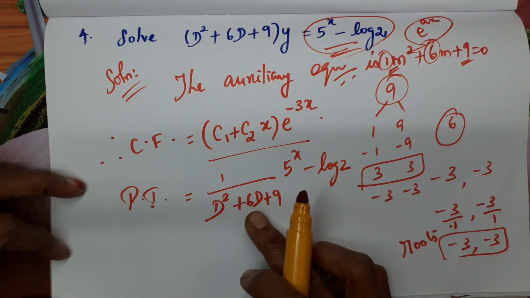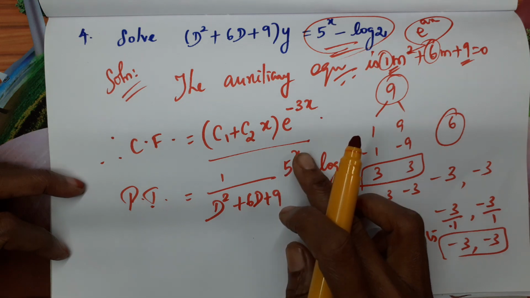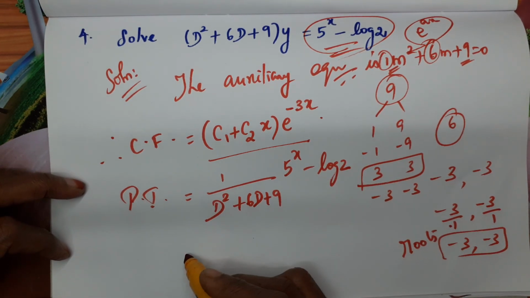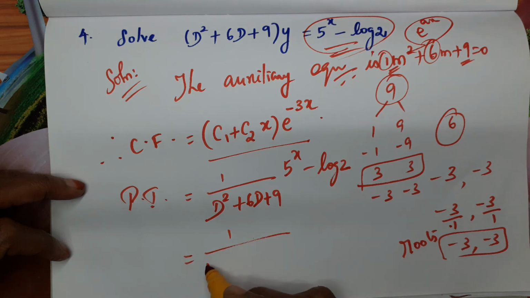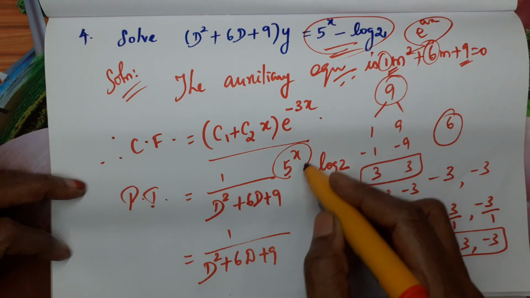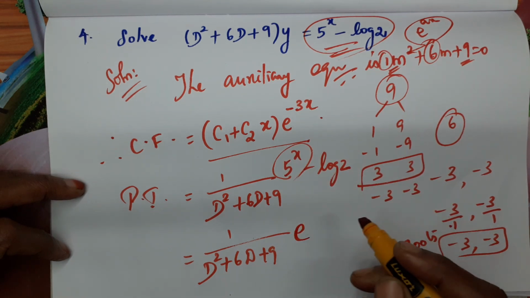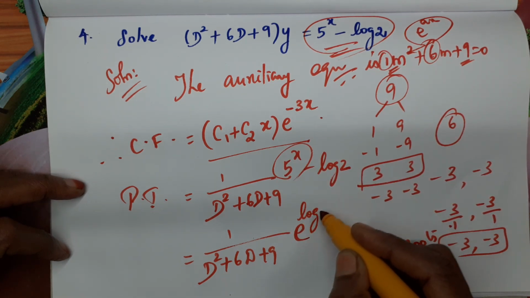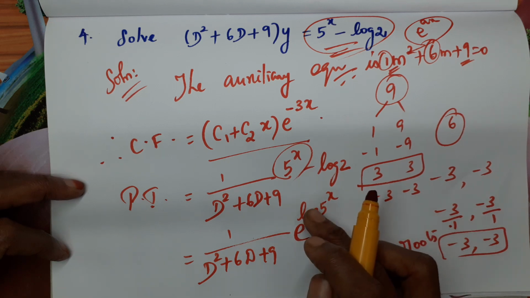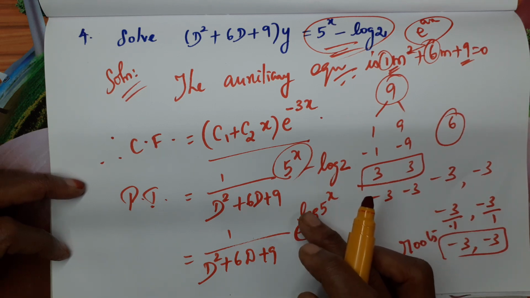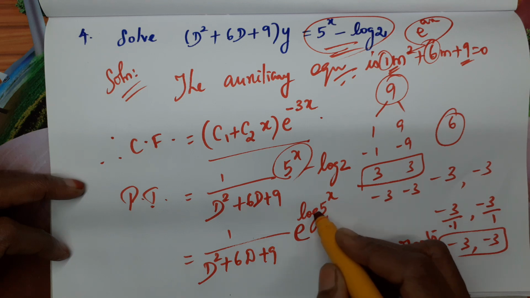1 by d squared plus 6d plus 9 of 5 power x minus log 2. This I can rewrite as 1 by d squared plus 6d plus 9 of 5 power x. I can rewrite it in this way, e power log of 5 power x. Since e and log are inverse to each other, both will get cancelled and we get 5 power x.